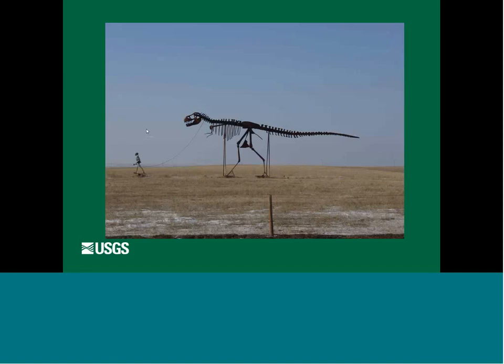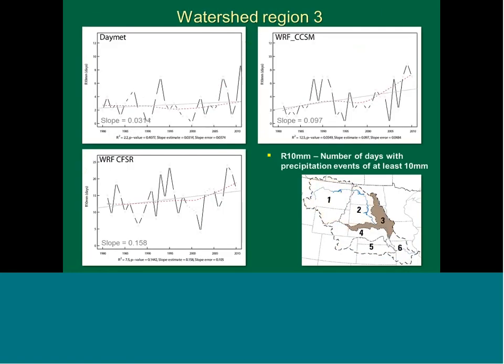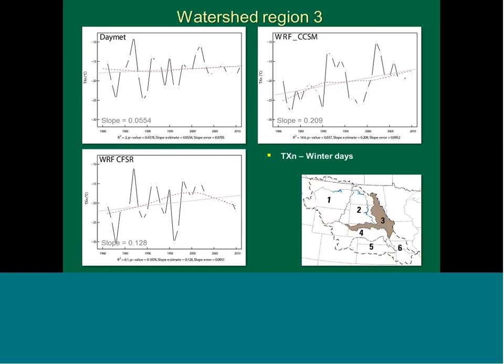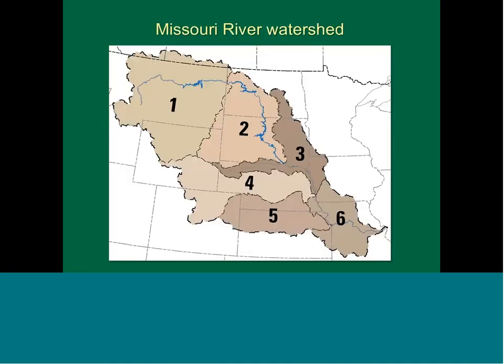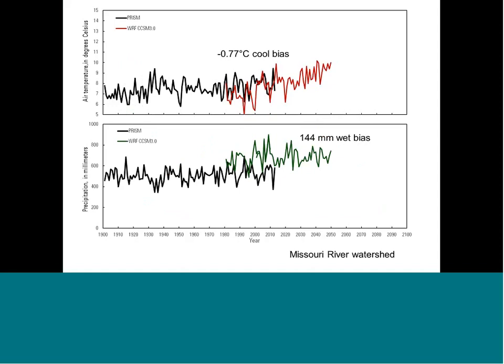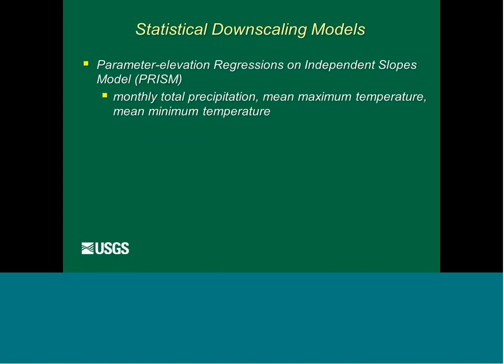After doing the work on the stream flow, my suspicion is that you've got these upward trends in watershed region 3, and then you've got these. In fact, let's go back to that, just so we've got it up on the screen. Way back. Sorry, I'm trying to get to these annual stream flow trends. Too many slides.